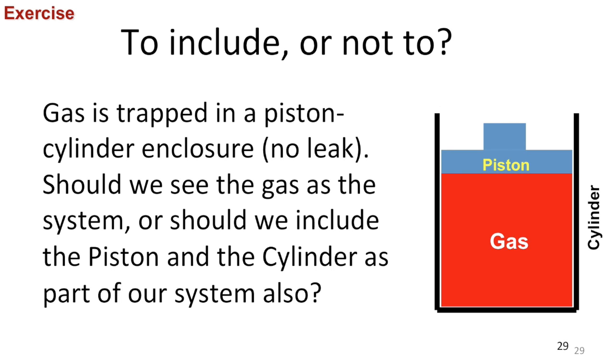So that immediately excludes the piston and the cylinder from being part of the system, because that would make the system not pure. The gas is something that can be pure, but if you include gas, piston and the cylinder in a system, you no longer have a pure substance system.